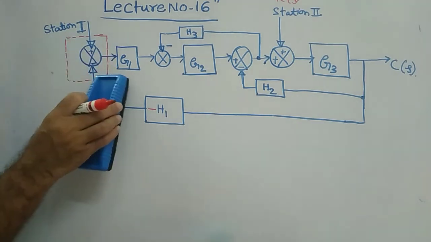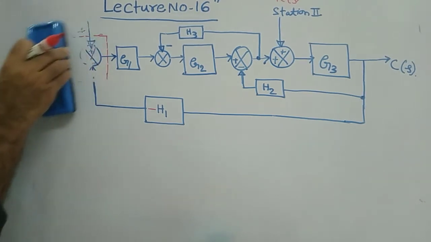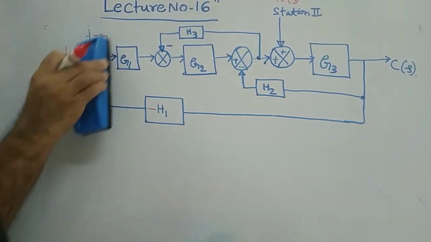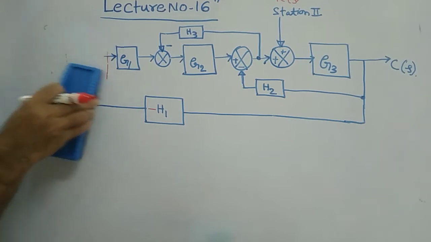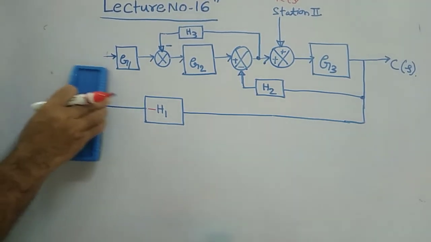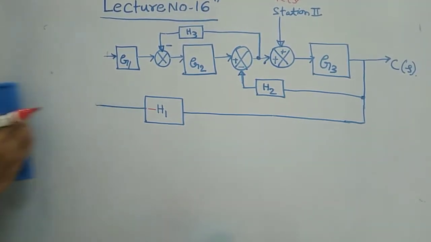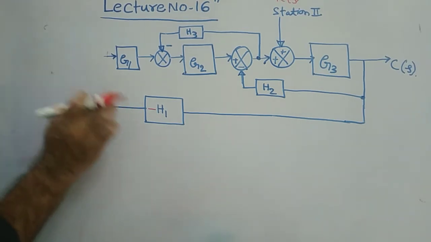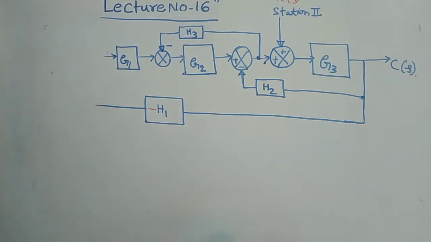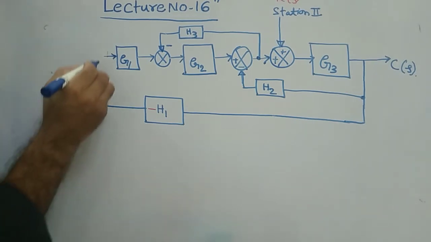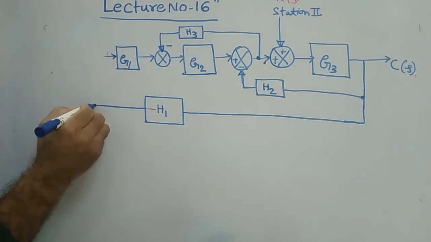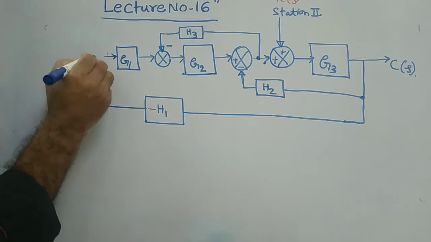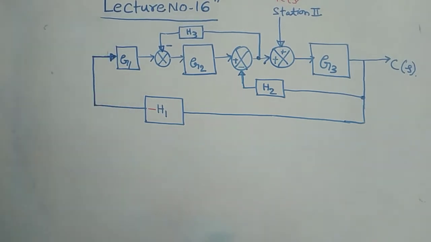I am removing this summer, and even station 1 is not required to be seen. I am completely eliminating it. You put that minus sign before H1 and connect this connection directly to G1, like that.